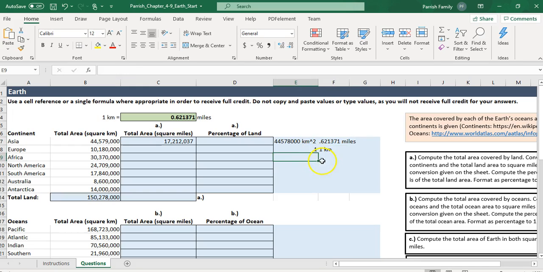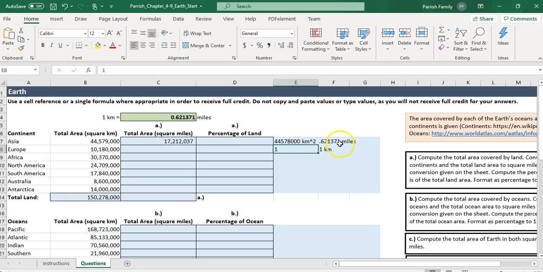So we have these two fractions. The first fraction is kilometers squared over 1, and the second fraction is miles over kilometers. But these terms are not the same, and we're going to do this by crossing out the kilometers. So we're going to keep the miles on top. You could also do it by cross multiplying.